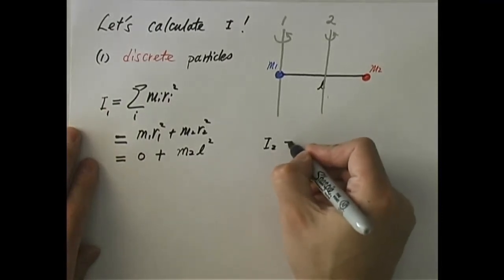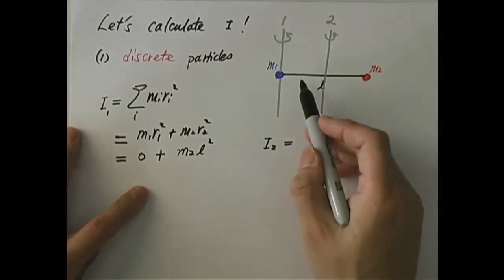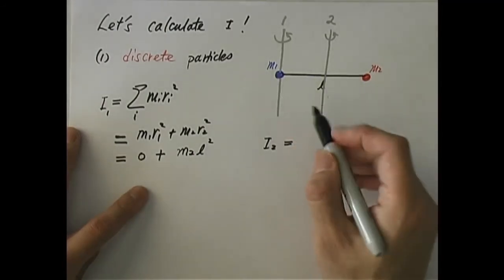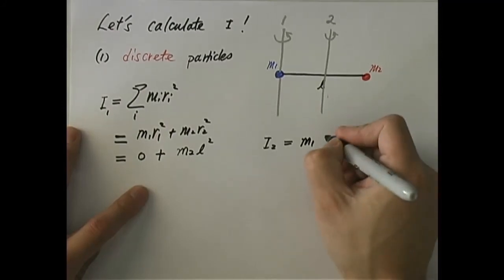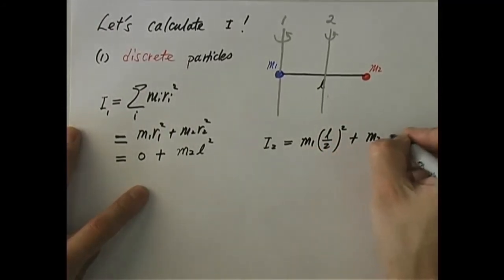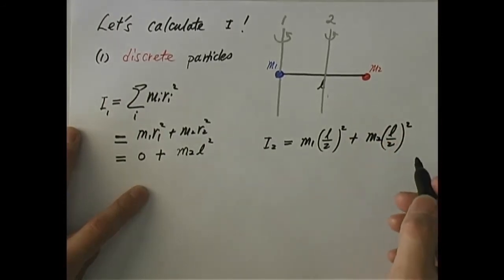So this is I1. How do I calculate I2? I2 would be again m1 r1 squared plus m2 r2 squared. But here r1 is the distance between the axis and m1. That is half of L, right? So it's m1 times (L/2) squared, and then m2 times (L/2) squared.